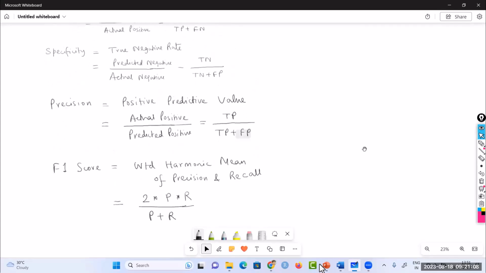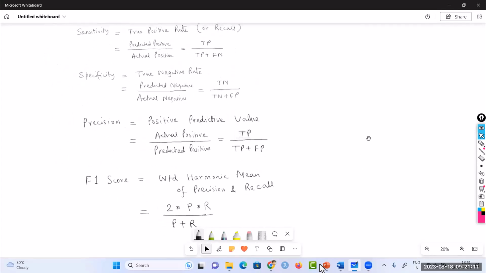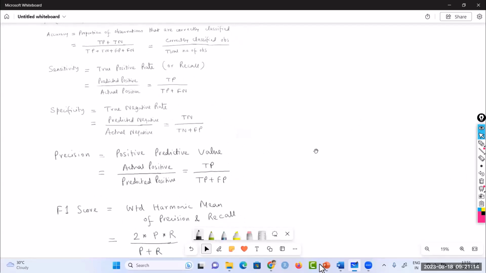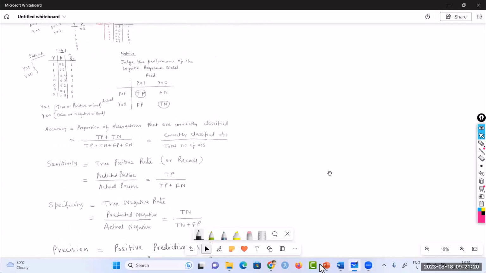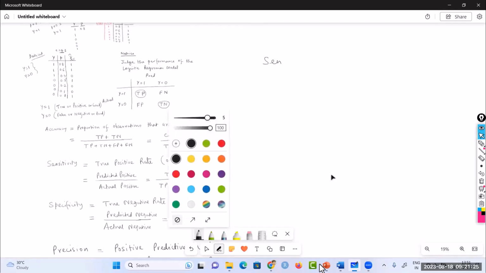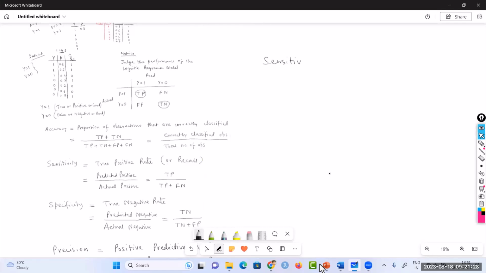Now coming to these metrics. Here I have sensitivity: true positive upon true positive plus false negative. Specificity: true negative over true negative plus false positive.